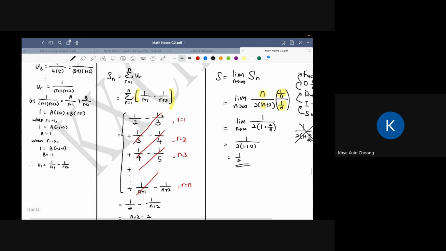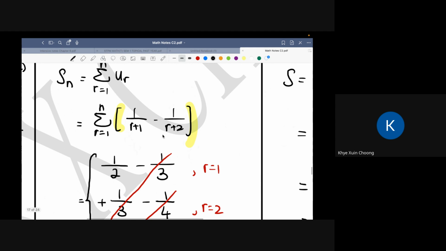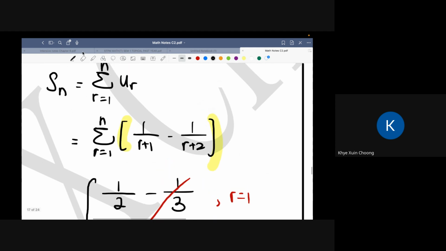There is one thing I want to remind you of, because until now I still see everyone doing the same wrong thing, which is the bracket. When you write it as the difference of two terms, all of you don't like to write the bracket. But if you don't write the bracket, the sum is only applied to the first term. It doesn't apply to the second term.